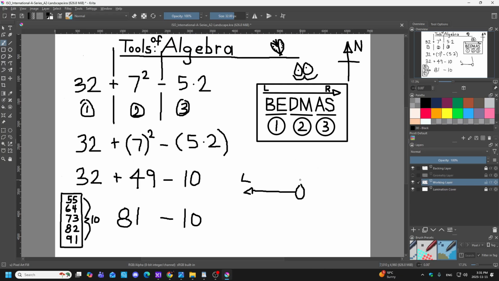Remember, 0 is center. Positive values, negative values. Okay?